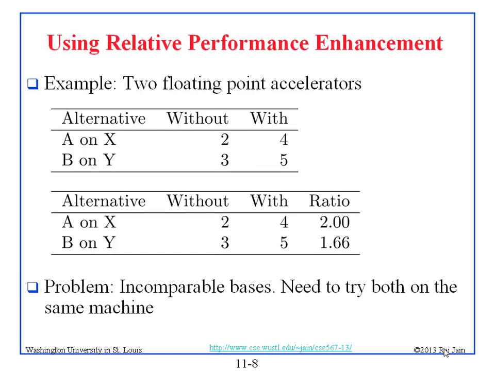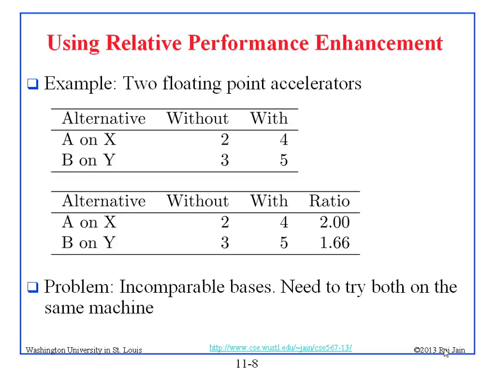Sometimes the ratio is built into the system metric. Another way of saying it is that you are measuring a floating point accelerator, and you say, well, when I used accelerator A on machine X, the performance went up by a factor of 2.